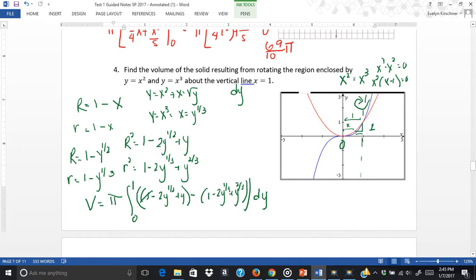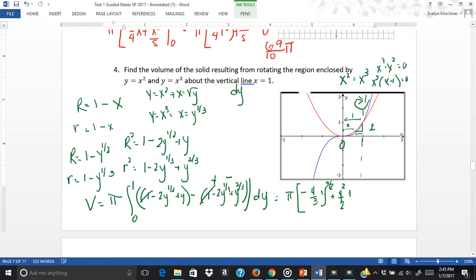Now the 1's are going to go away. This is going to be a plus, this is going to be a minus. And if I integrate it, I am going to have pi times negative, since I have y to the 1/2 here, negative 4/3 y to the 3/2, plus y squared over 2.